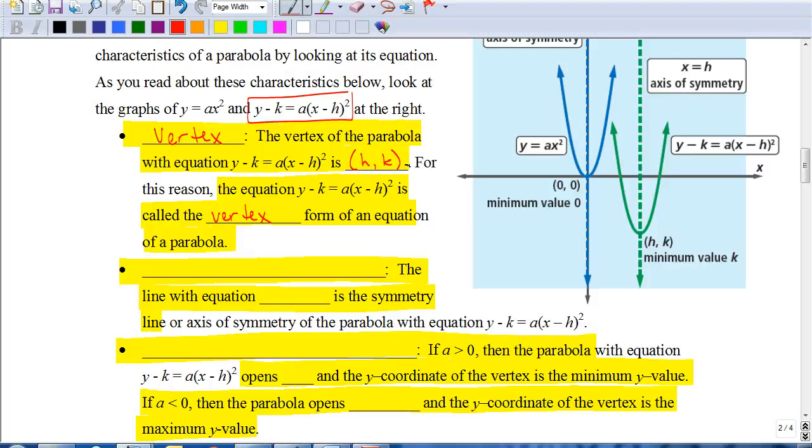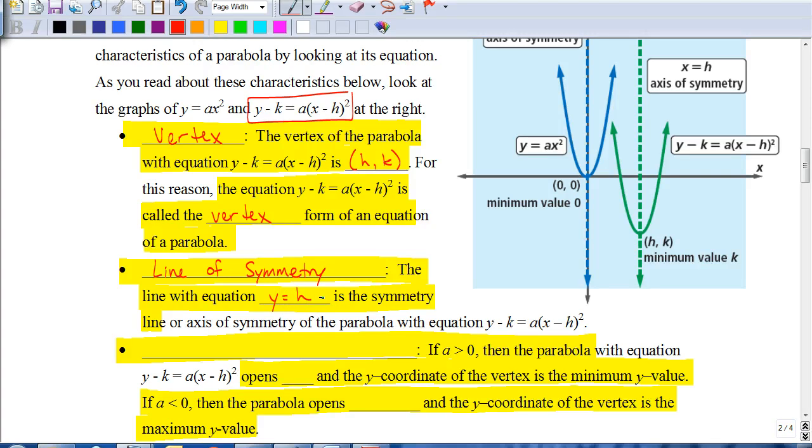Once we know what the vertex is, the next thing we're going to use to graph our parabola is going to be the line of symmetry, or the axis of symmetry. The line with the equation y equals whatever h is going to be the line of symmetry.